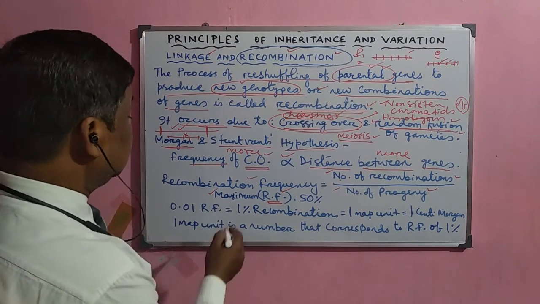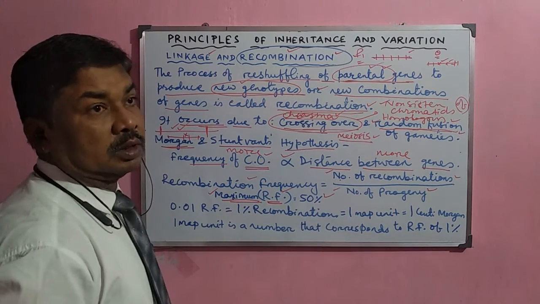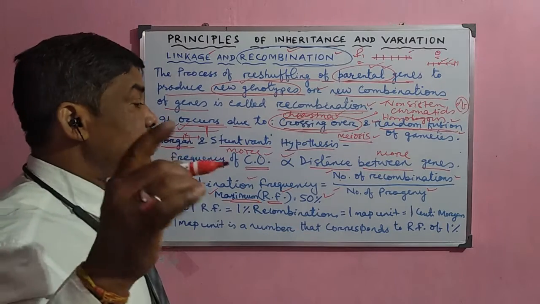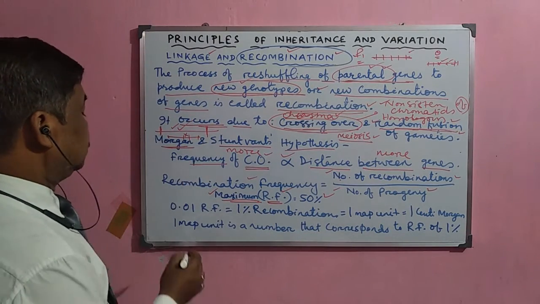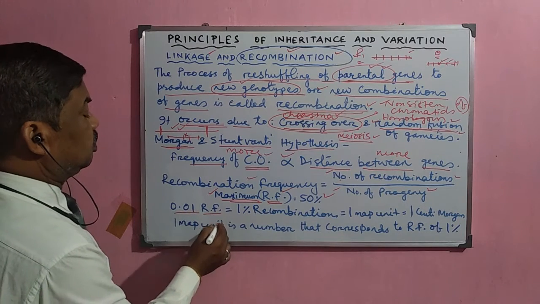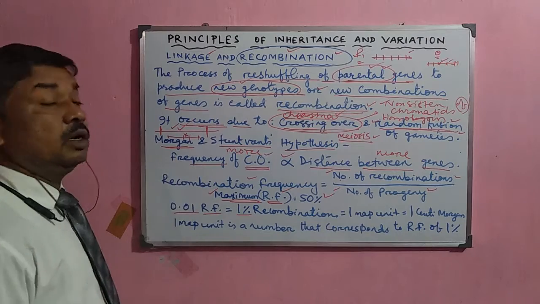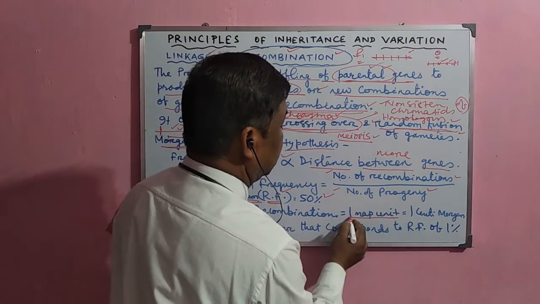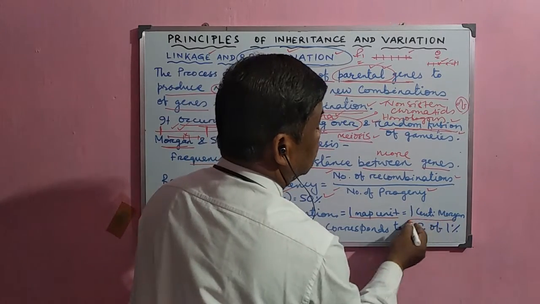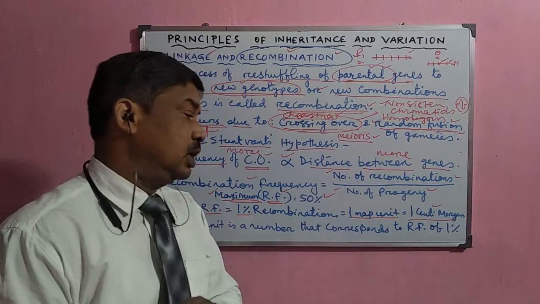Now, the maximum recombination frequency between two genes is 50%. That means there is a maximum 50% chance for the recombination process. Now, 0.01 recombination frequency is also called 1% recombination, and 1% recombination is taken as 1 map unit, and this unit is called centimorgan, after the name of Morgan.